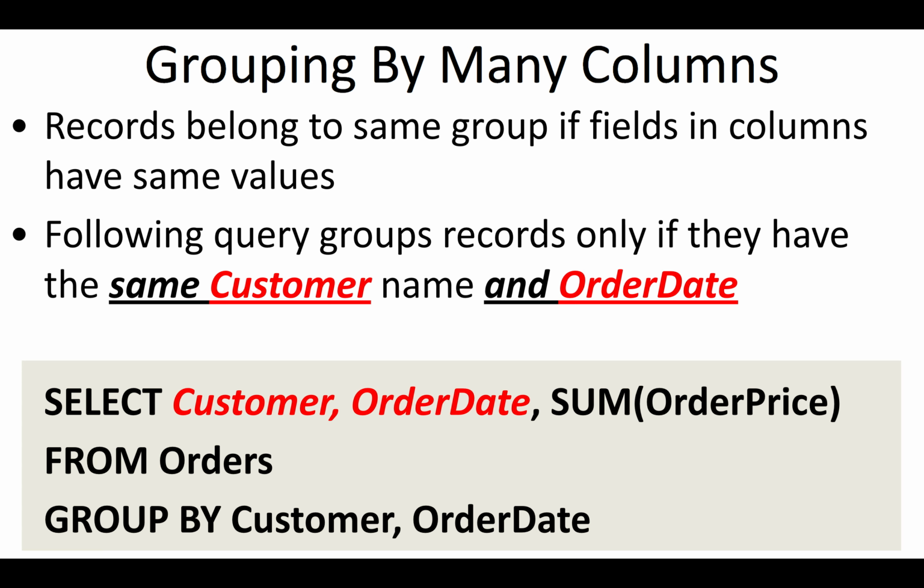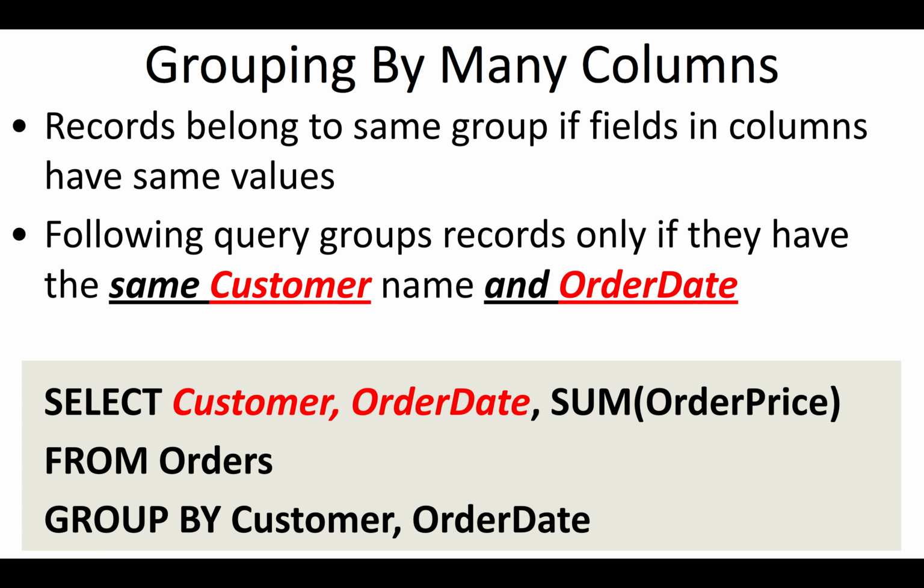You can group by multiple columns. We've seen grouping by a single column, but you can group by 2 columns, or 3 or 4. That means that only rows where the values are the same for both columns will go in the same bucket, in the same group. So if the customer and the order date are the same, then they will go in the same customer-date group.